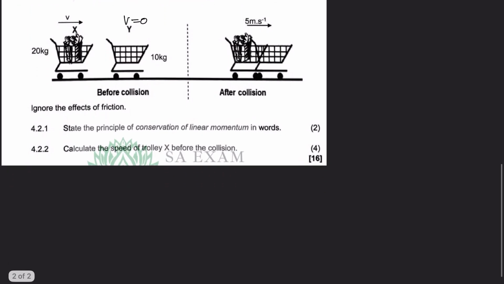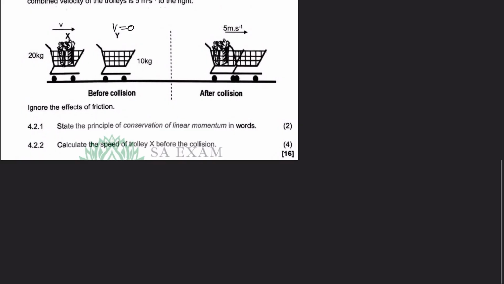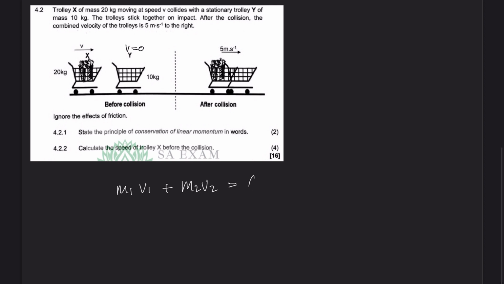Remember you have 3 different types of collisions. This one is where you have 2 objects joining together, so their masses will join. So in this case, you're going to have m1v1 plus m2v2 equals m1 plus m2 times v. And I'm adding the masses because after the collision, they've stuck together.